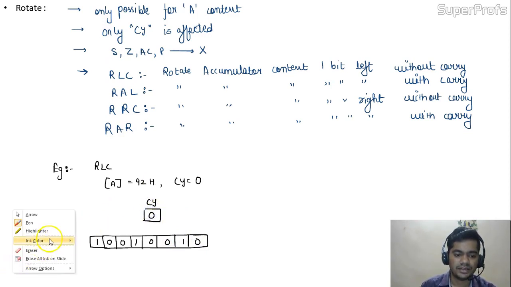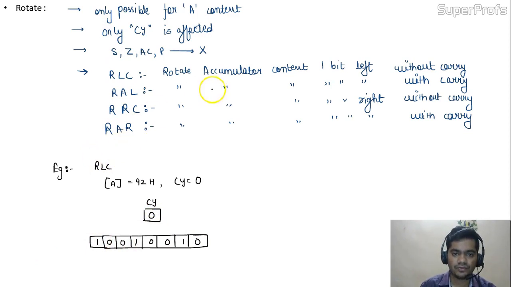Now we know that with RLC we are rotating the content 1 bit left without carry. That is, this content would come here, this content would come at this bit, this would become 1, this would become 0, this would become 0, this would become 1, and this would become 0.